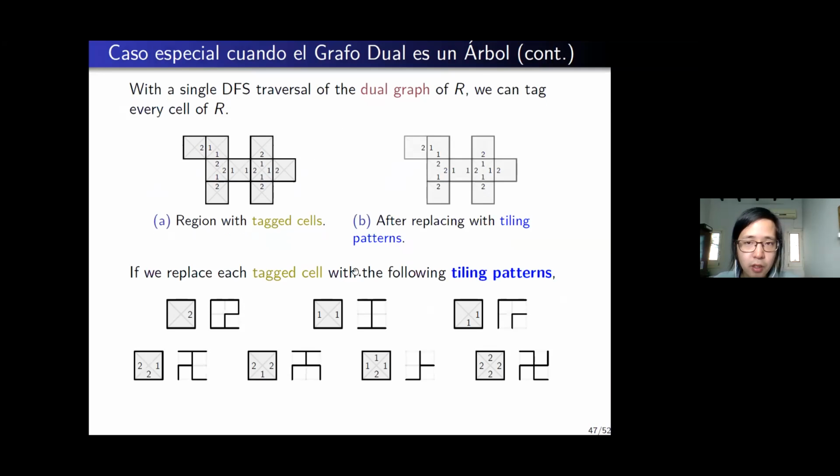So here we have the tag cell with only 2. So we use these tiling patterns, and we place them considering the orientation of the tag. By this simple substitution, an L-tromino tiling of the region will emerge.